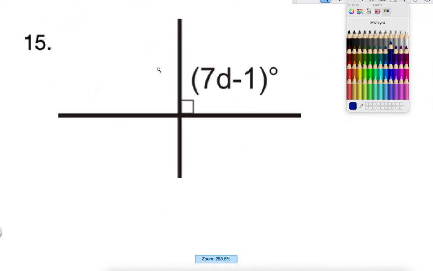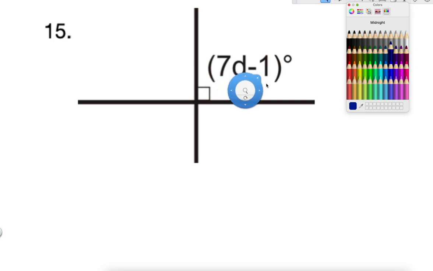Next one, 15. 7d minus 1. We know this is a 90-degree angle, so simply we just say this expression, 7d minus 1, has to equal 90. So solve for d.